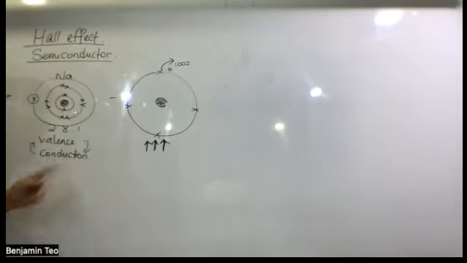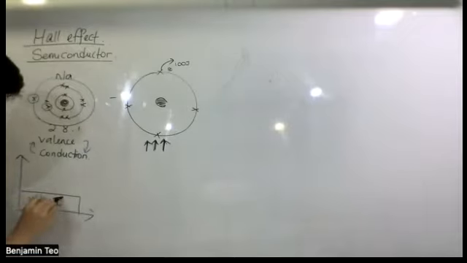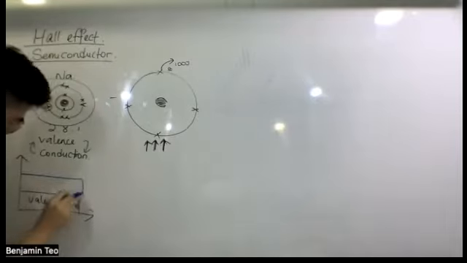Okay, now every single electron has energy. If I take this electron, how much energy does it have? I plot it on a graph here. This energy level graph is separated into two. Here, we call it the valence band, and slightly above, this is the conduction band.